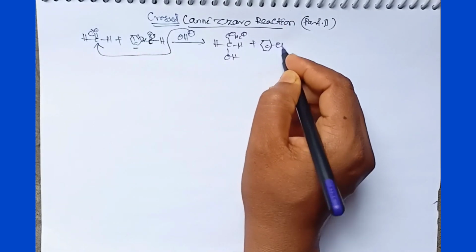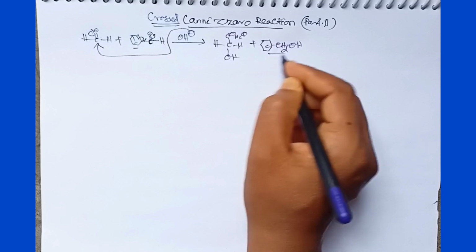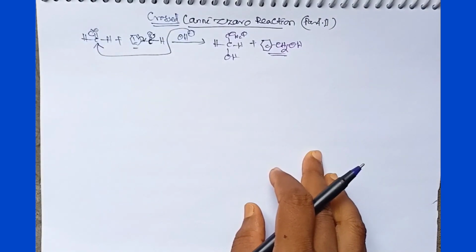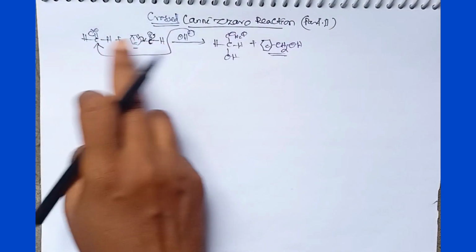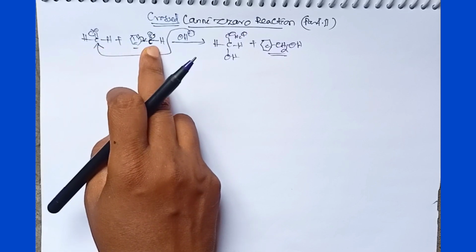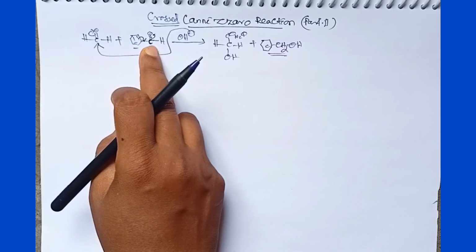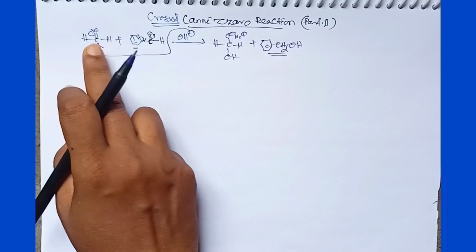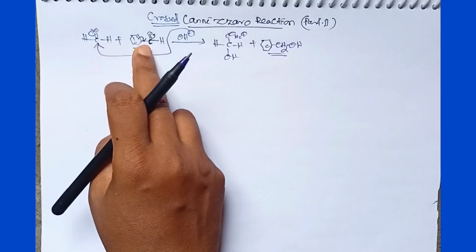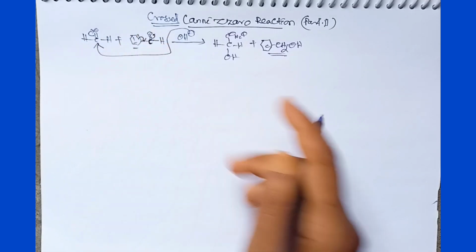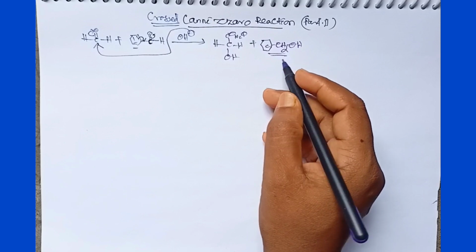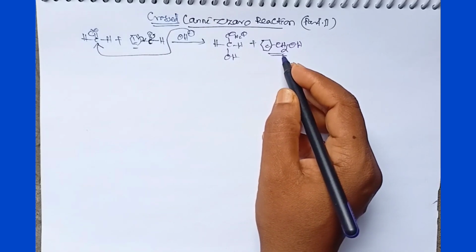This is benzyl alcohol. So from this, we can say that out of these two aldehydes, benzaldehyde is comparatively more electron rich than formaldehyde. That's why the benzaldehyde becomes alcohol. That means it is reduced.